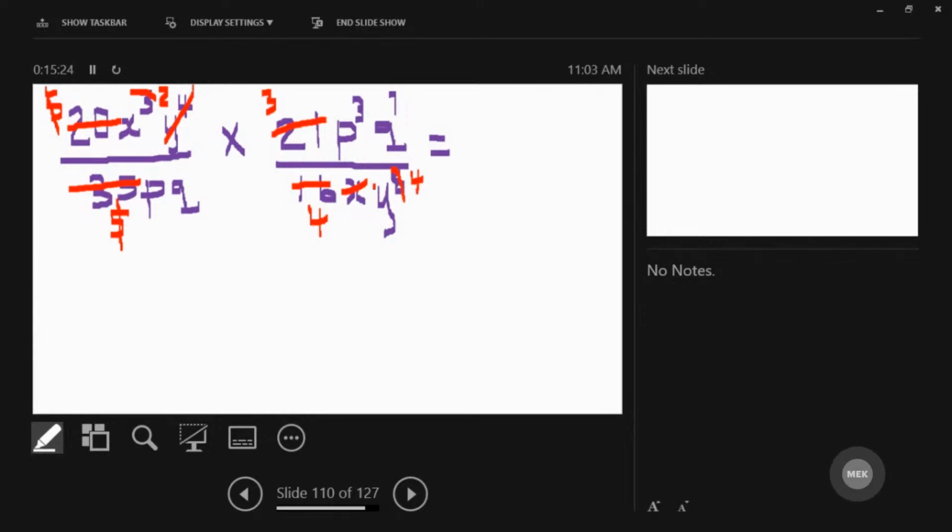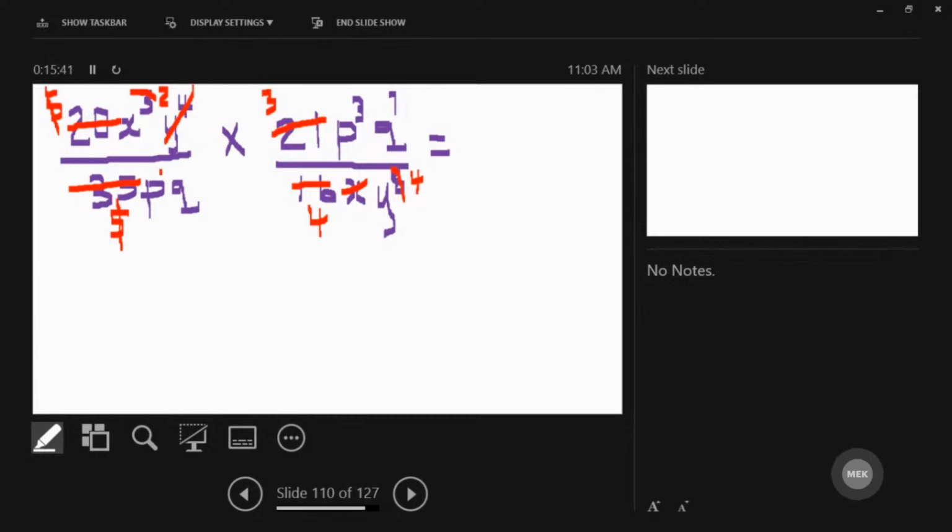If we have 8 y's and we have 4 y's, 4 of them cancel out, leaving back 4. So it's not that we're dividing 8 by 4. It's 8 y's and we cancel out 4 of them, so 4 y's are left.